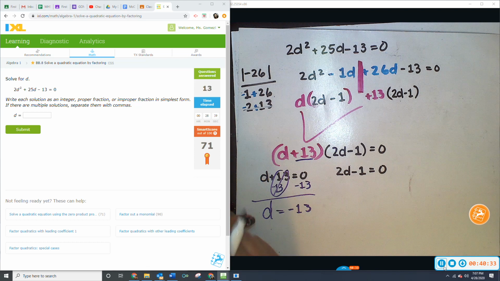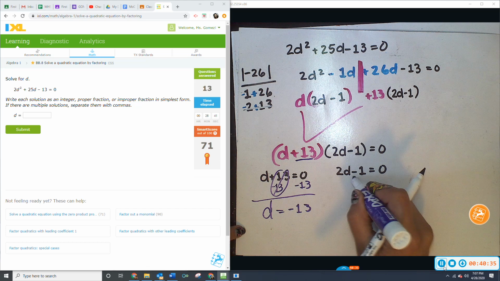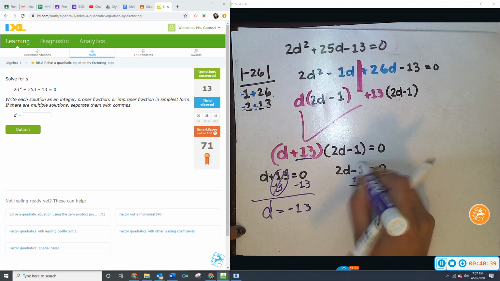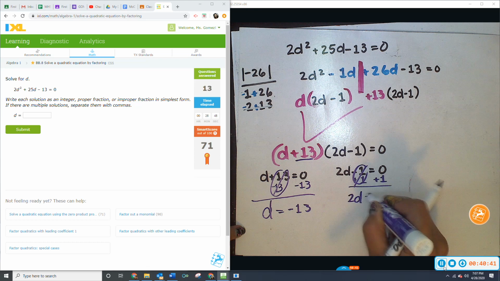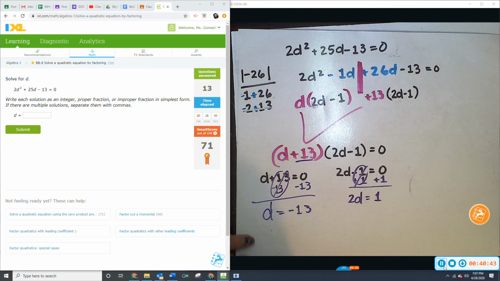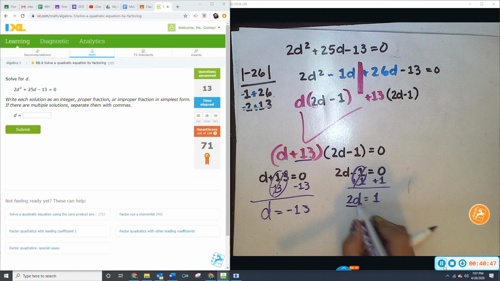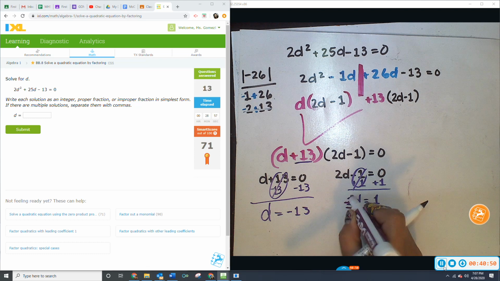Again, remove my constant by using the inverse operation of addition. 2d is equal to positive 1. And then use the inverse operation to remove the coefficient by dividing by 2. So therefore, d is equal to 1/2.